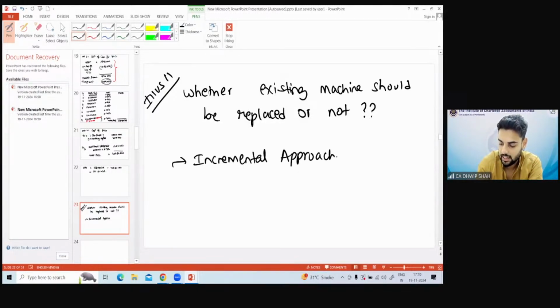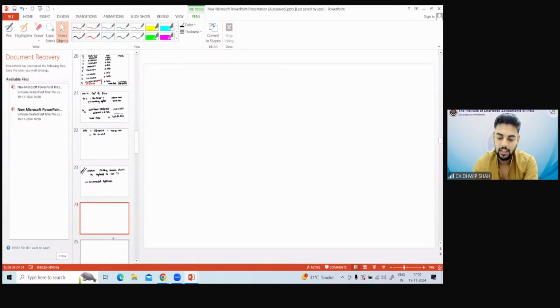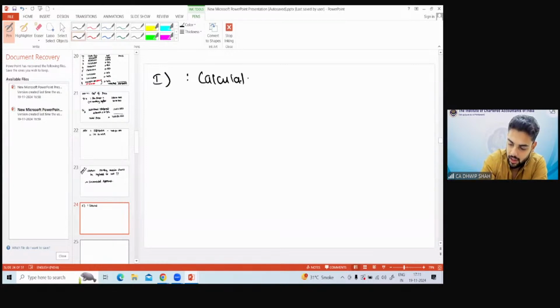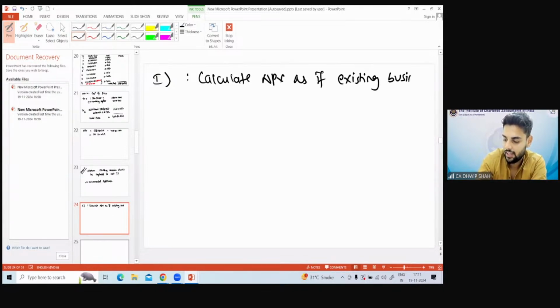Now what is this incremental analysis? Incremental analysis is nothing but, the first step is you calculate NPV as if the existing machine had continued in the business, as if we are continuing with the existing machine.